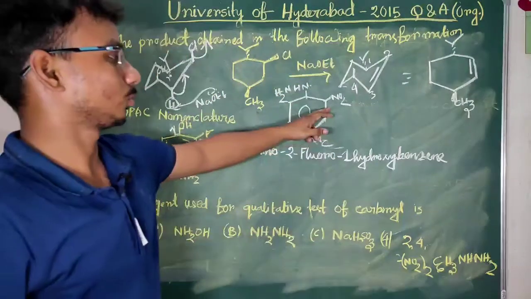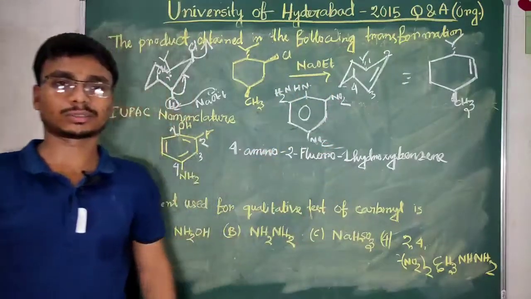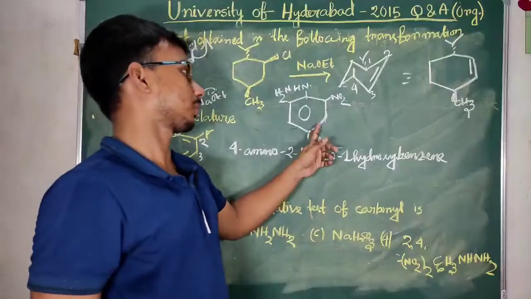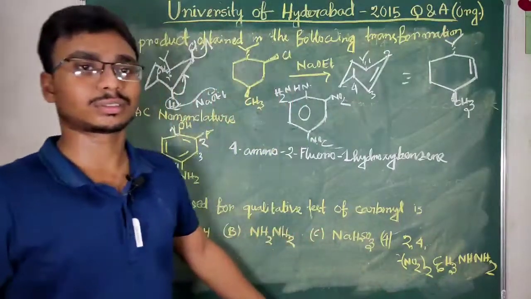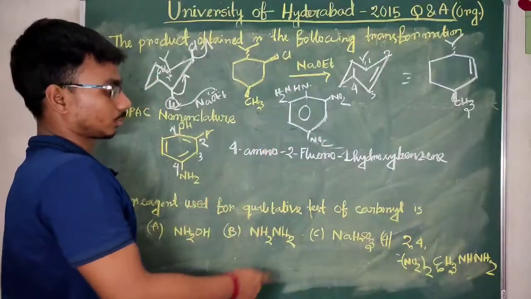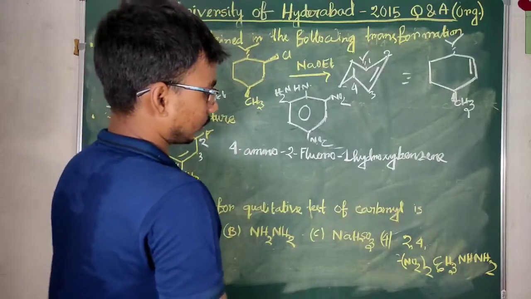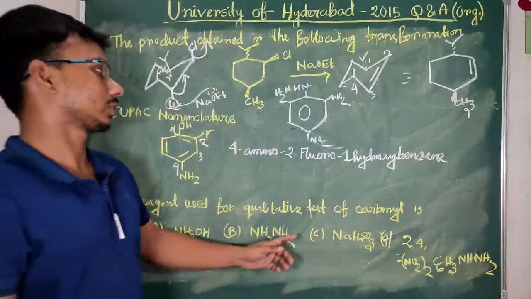What is it? 2,4-dinitrophenylhydrazine. So it is the compound here, given in a formula. It is used for qualitative analysis for carbonyls. So it will be the answer. Easy, no? So much easy.